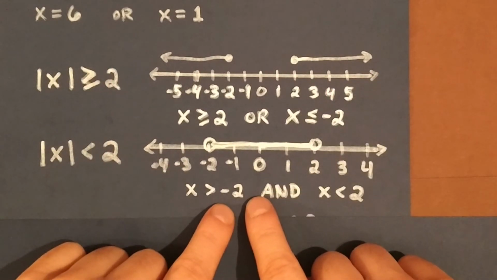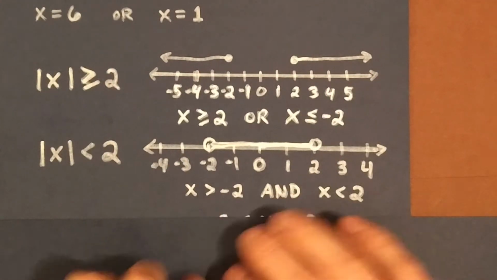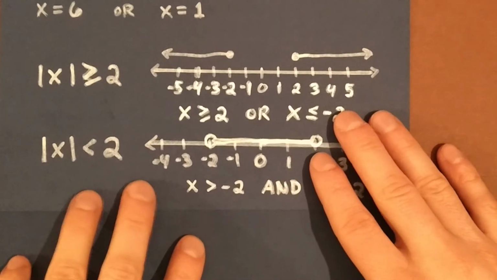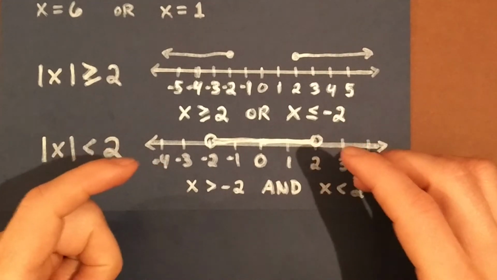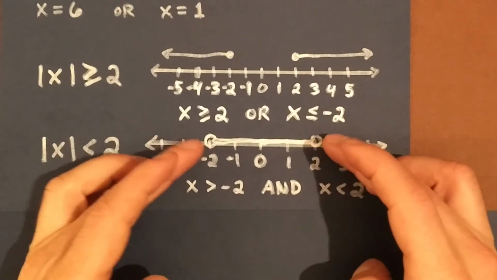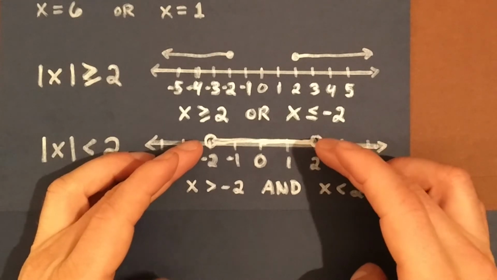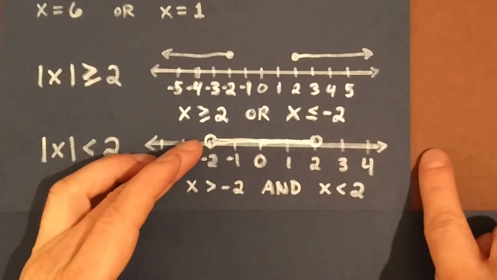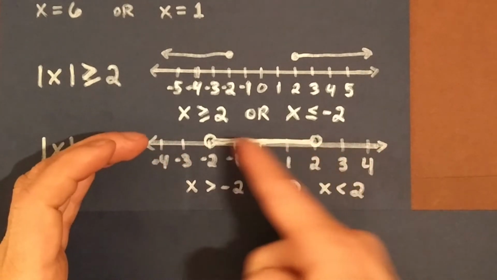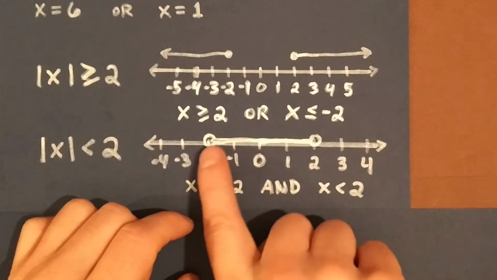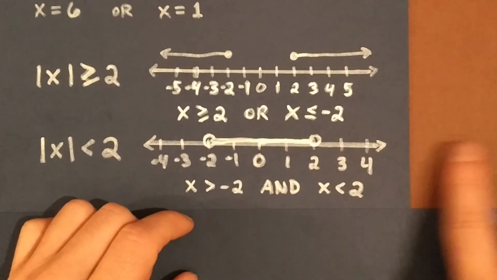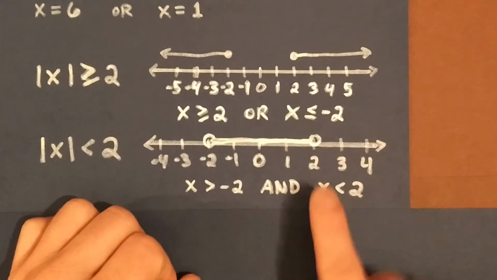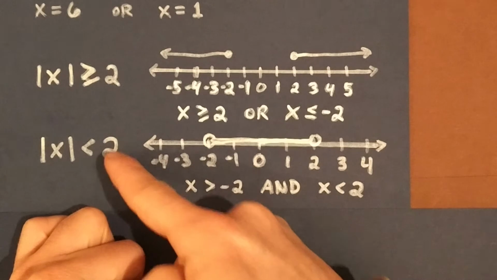But in the second example, we're saying that the values for x are between 2 and negative 2. So they are the numbers which are greater than negative 2 and less than 2. So greater than negative 2 would include everything to the right. Less than 2 would include everything over here to the left.